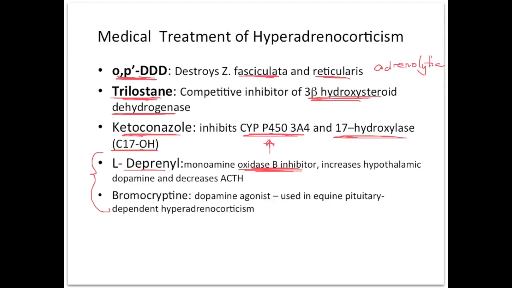And I think this could have been due to the fact that the biggest effect of dopamine seems to be in the intermediate lobe.